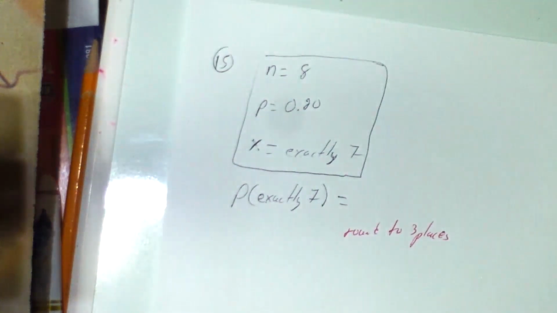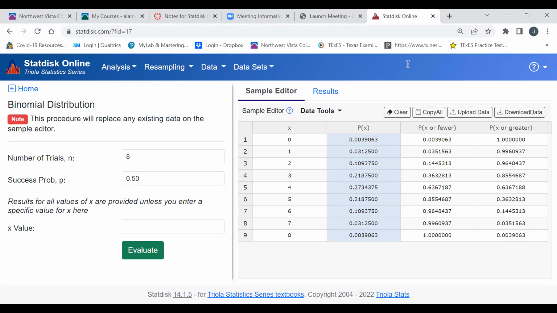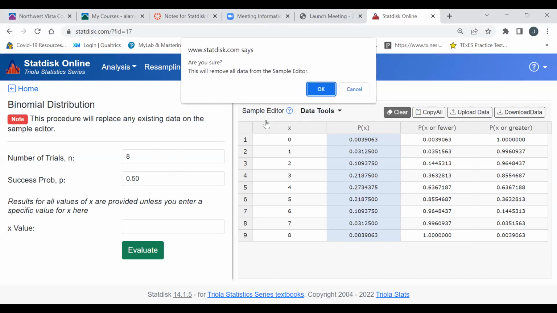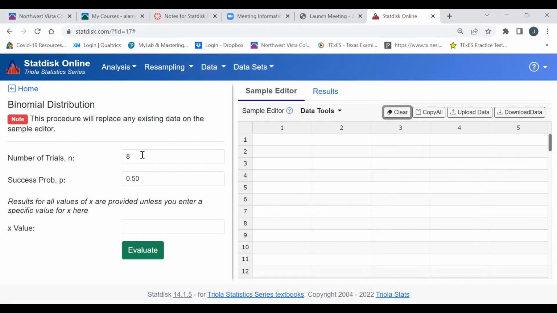Okay, here we go. Your StatDisk. I need to clear it. So N is 8, P is 0.2, and I'm going to put the X value, 7.